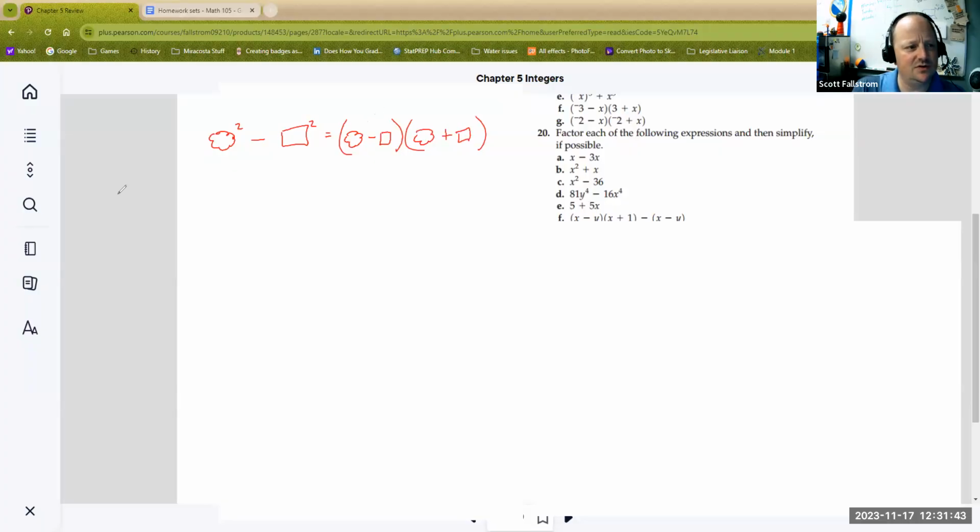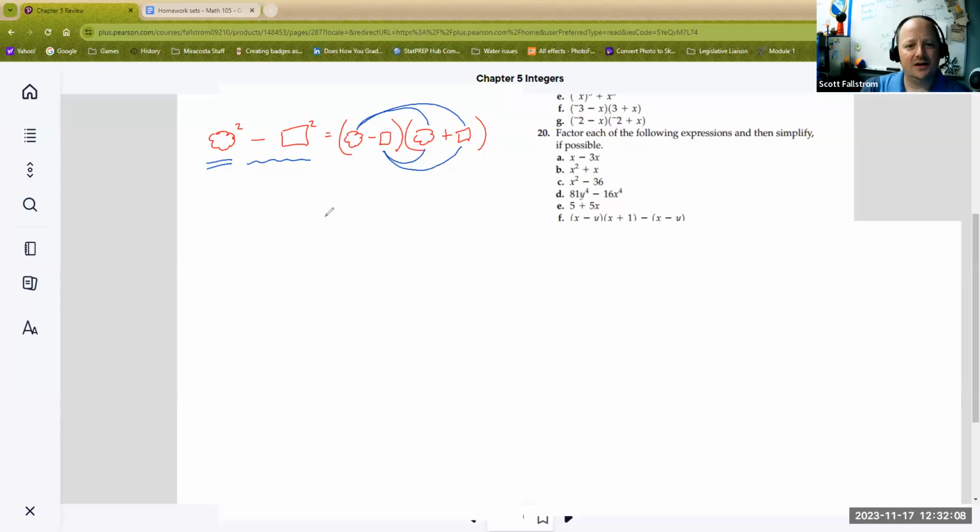If you distribute, you get cloud squared, then cloud times box, then you subtract a cloud times box, so those cancel each other out. Then you have minus box times box, which is minus box squared. That's why it works.